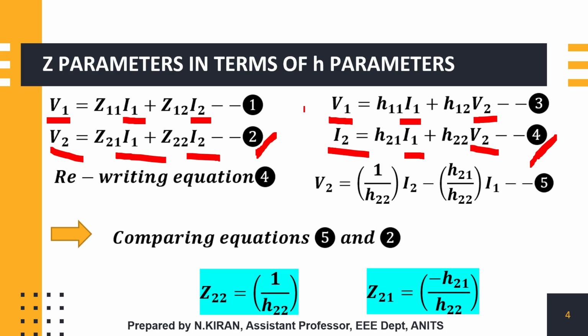After getting these two relations, the remaining two relations can be obtained by comparing the first equation and the third equation. But in order to compare the first and third equations, I need I2 in place of V2. So I should eliminate V2. That can be done by substituting this fifth equation in the third equation.